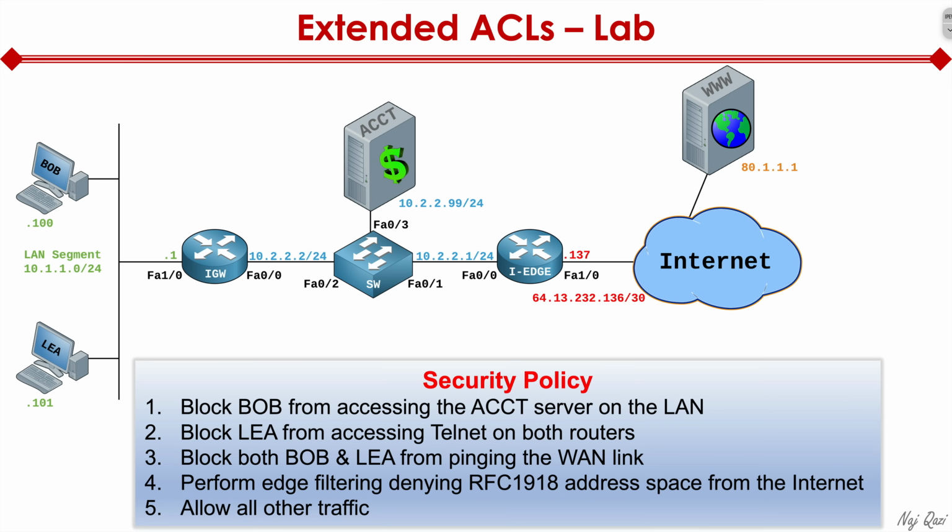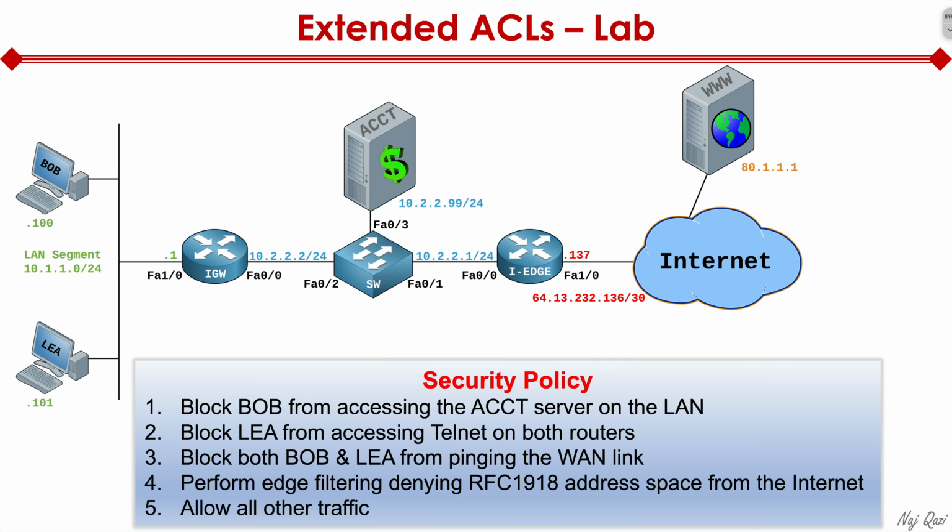Here's an extended ACL lab. So in this lab, what we're going to do is we're going to deny Bob from accessing the accounting server. Then we'll block Leah from accessing Telnet on both routers. We'll block both Bob and Leah from pinging the WAN link.